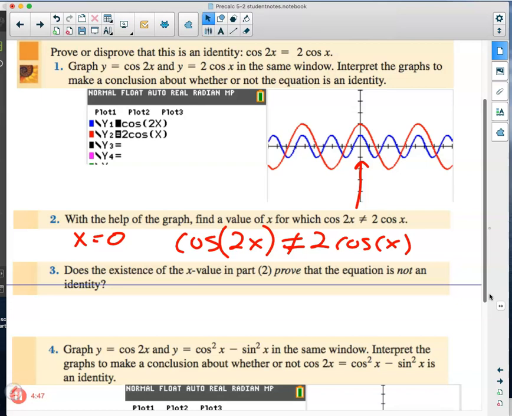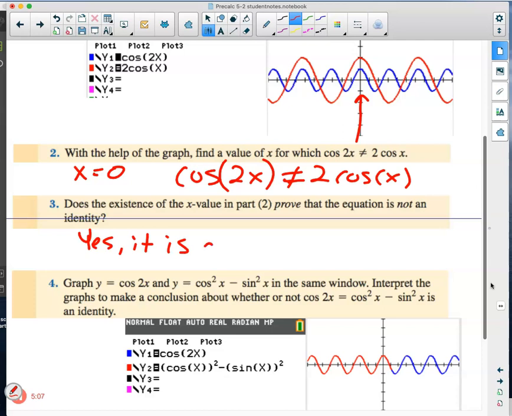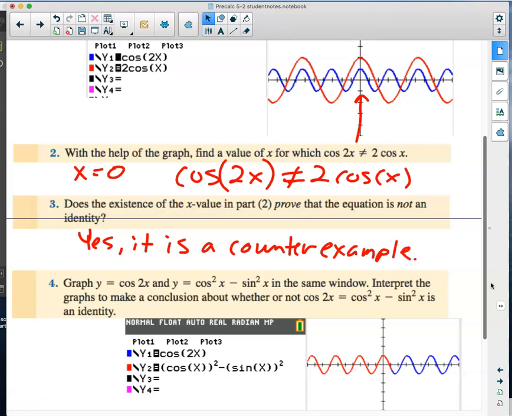Now part 3 says, does the existence of the x value in part 2 prove that the equation is not an identity? Yes, it does. We only need one counterexample to disprove what's going on. So yes, it is a counterexample. One situation where it doesn't work, and that's enough.